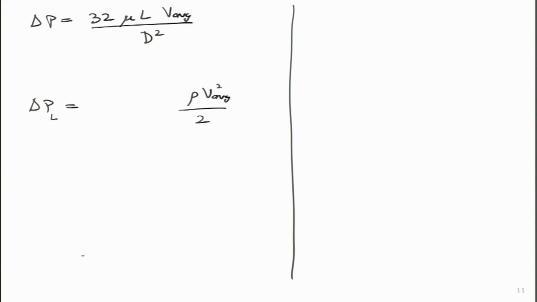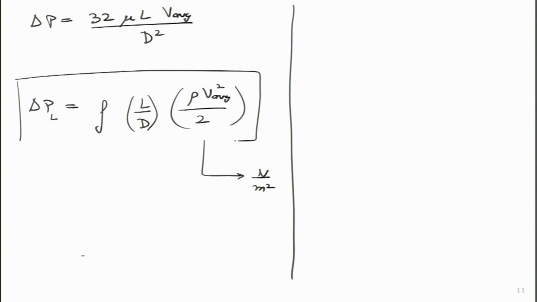So, I will write half rho V average square, and there is a reason behind it, because this automatically has units of newtons per meter square. This is kind of an indirect pressure term, and it would be multiplied by the length divided by the diameter term, which is again dimensionless, and then F.